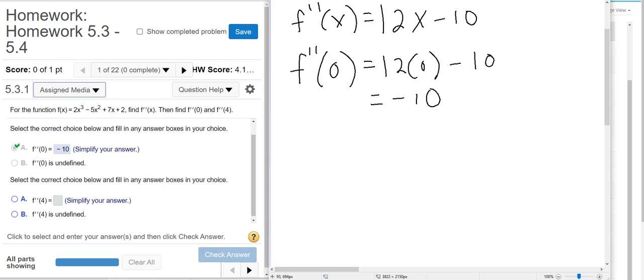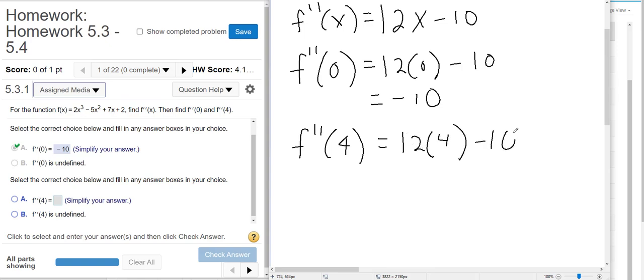Now f double prime of 4 is the second derivative at the value 4. So that's going to be 12 times 4 minus 10, which is 48 minus 10, or 38.